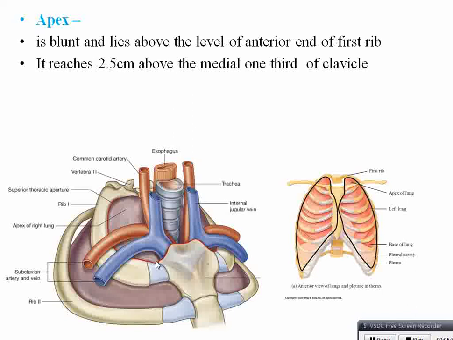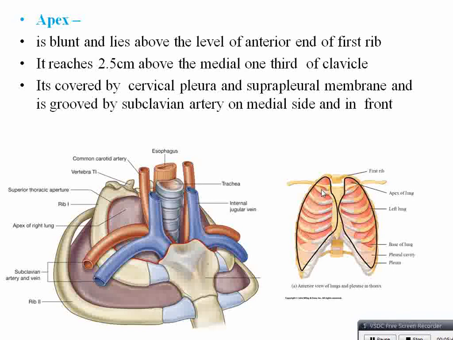This is the first rib, and it reaches almost 2.5 cm above the medial end of the clavicle. As we can see here, this is the clavicle, so it is above that, and it is covered by cervical pleura in this area, also supplemented by suprapleural membrane or Sibson's fascia, and is grooved by the subclavian artery on the medial side and in front.